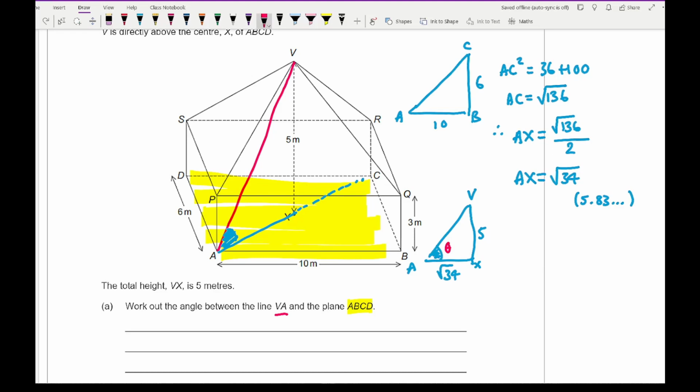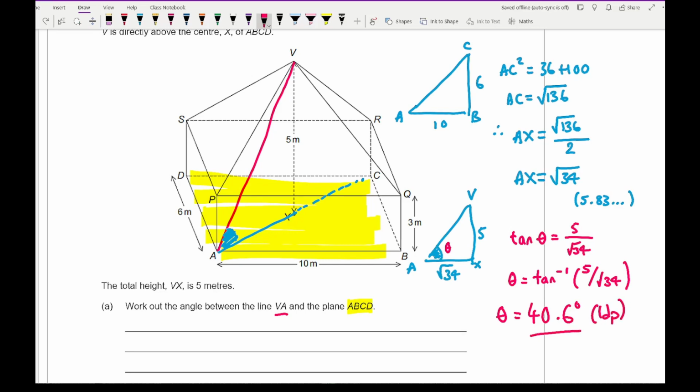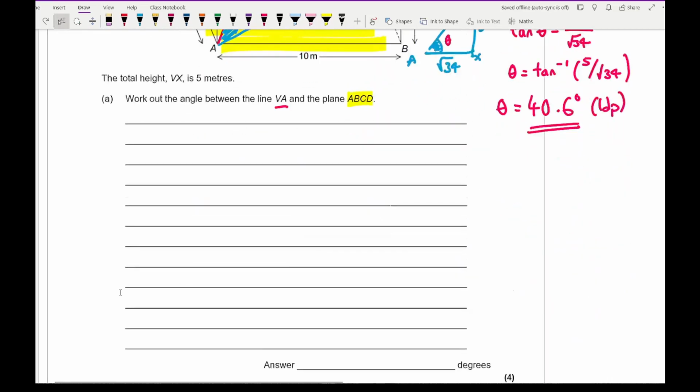Here we're going to use tan, so tan theta equals the opposite over the adjacent. So theta equals inverse tan of 5 over root 34. If I put that into my calculator, I should get an answer of 40.6 degrees, to 1 decimal place.